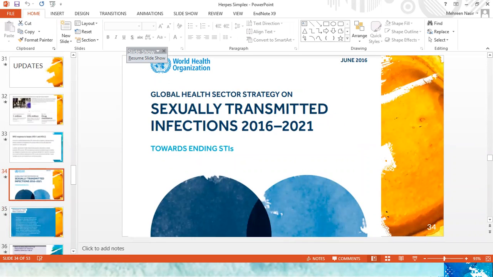Genital herpes is included in sexually transmitted infections. The Global Health Sector Strategy on Sexually Transmitted Infections 2016 to 2021 aims to end STIs as a public health problem by 2021, and genital herpes has been included in this.